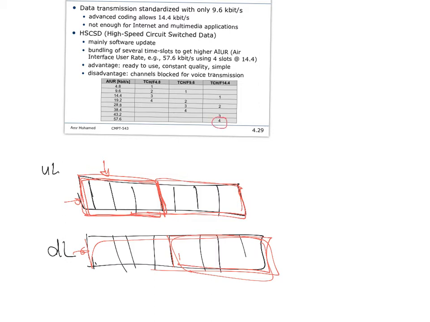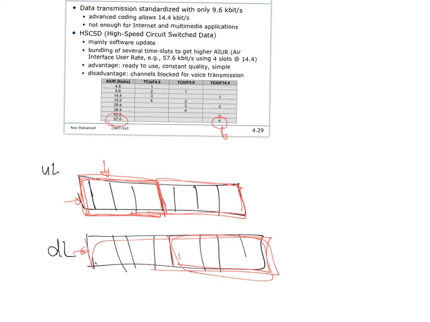So that's why typically in this type of standard, the high-speed circuit switched data, we don't go beyond 4. We use 4 time slots in the uplink and 4 time slots in the downlink.